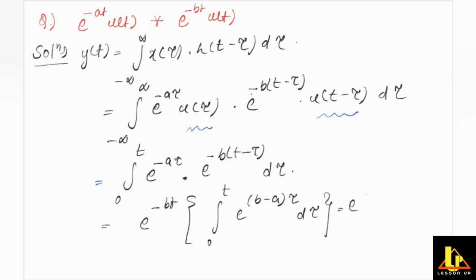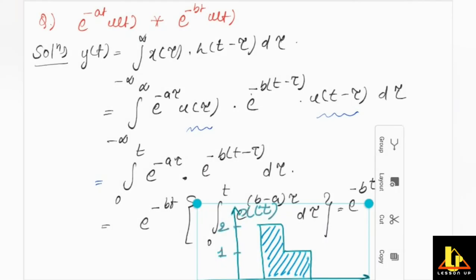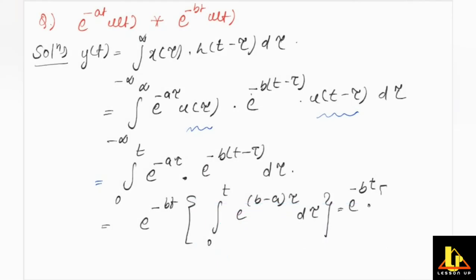Now e to power minus bt into e to power b minus a tau divided by b minus a, we will put the limit from t to 0.